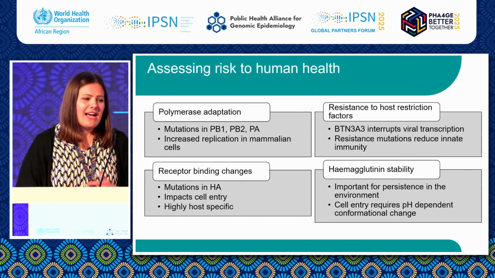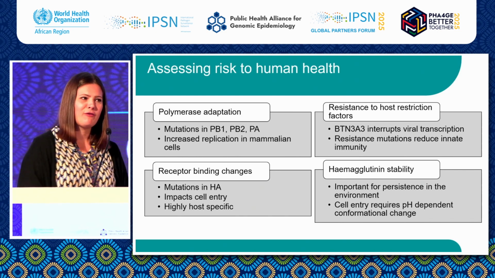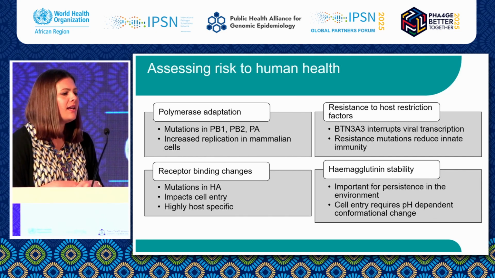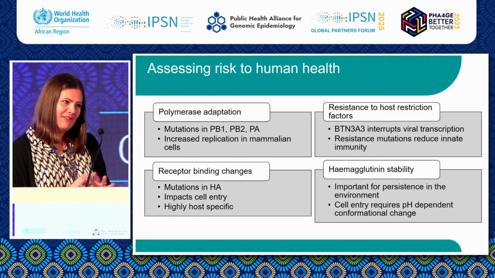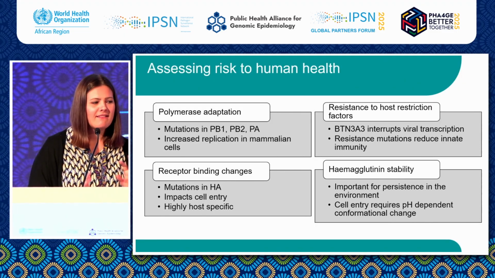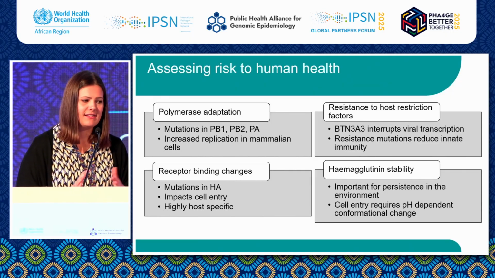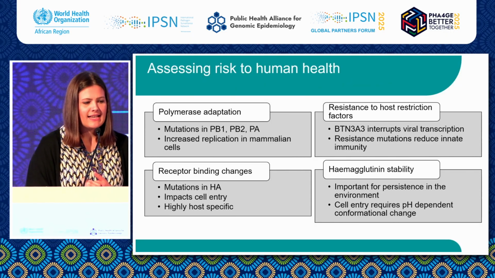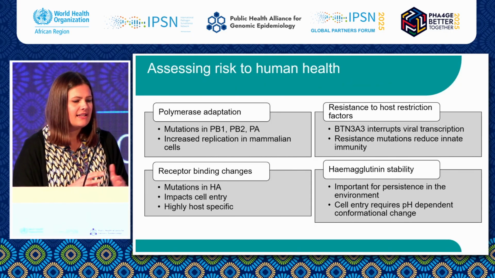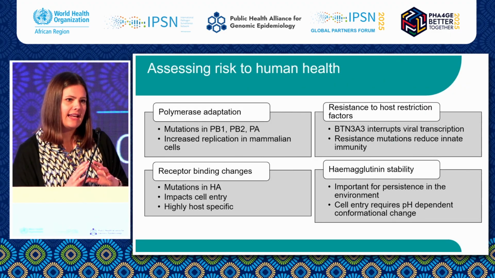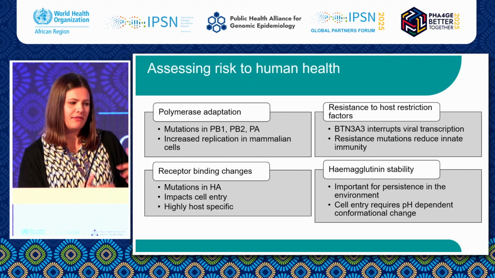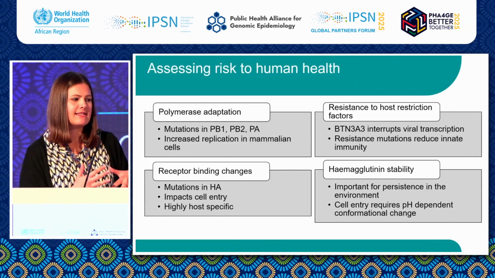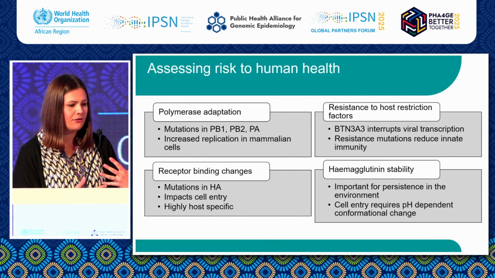So how do we actually assess the risk to a human from a sequence that came from a bird? It's unfortunately not as simple as just looking for a cleavage site in HA, but we're primarily looking for 4 viral characteristics. The first one is polymerase adaptation, and that is mutations in any of the 3 segments that are involved in the polymerase complex, and the mutations that we see in these segments will increase replication in mammalian cells.